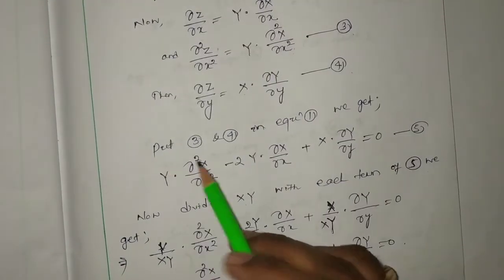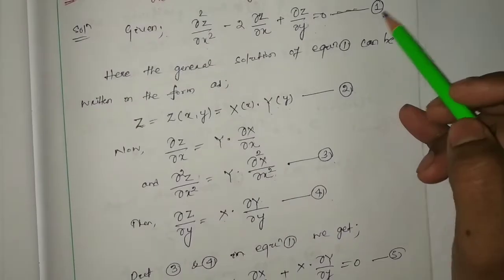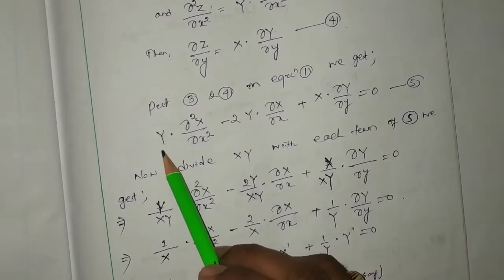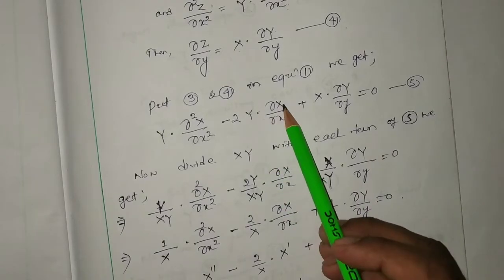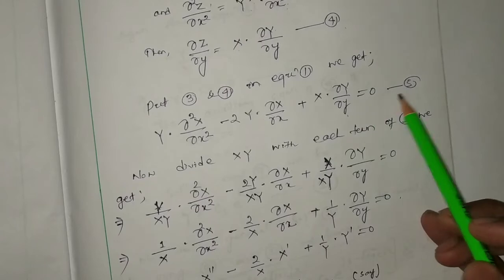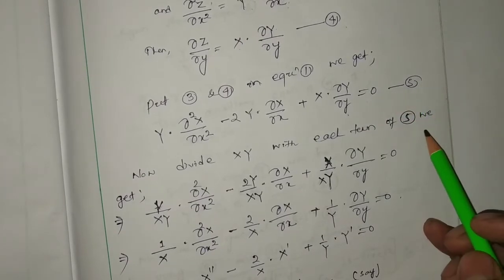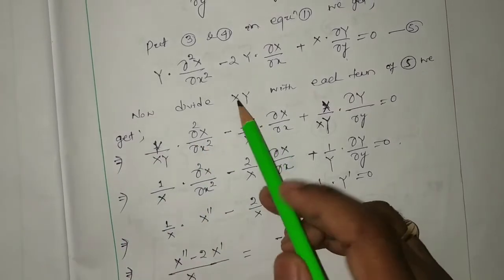Okay, so these two equations, 3 and 4, we have to put in equation number 1, and we are going to get Y into del square X by del x square minus 2Y into del X by del x plus X into del Y by del y equal to 0. Let this be equation number 5, and now we have to divide each term by XY.